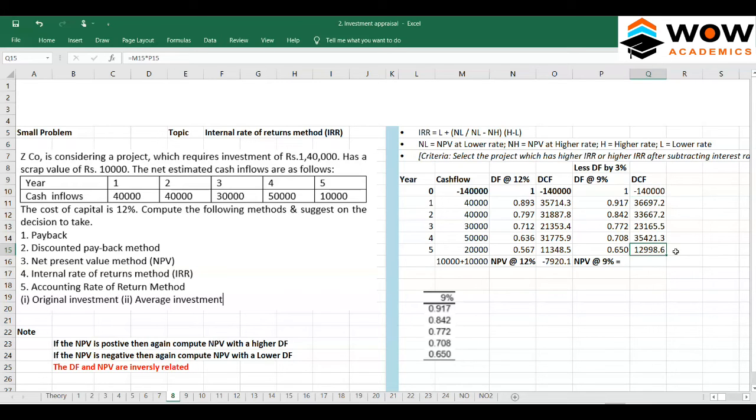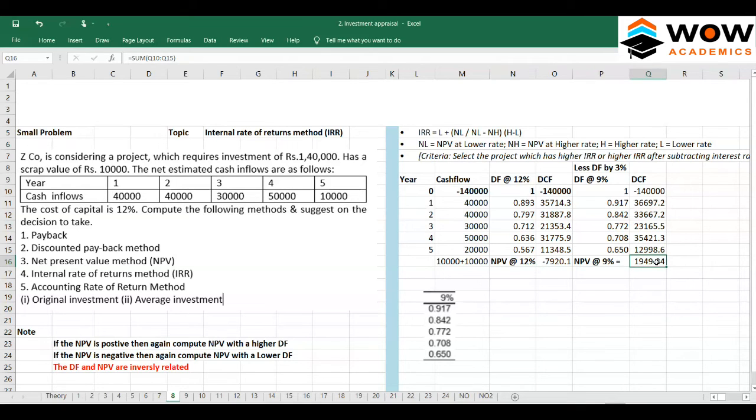So if you look here, we should not multiply this number and this number. Sometimes students do that. Okay, you should multiply the cash flow and the discount factor and get the DCF. So as you have done that, we can now get the NPV at 9%. So if you see, NPV at 9% is now positive.